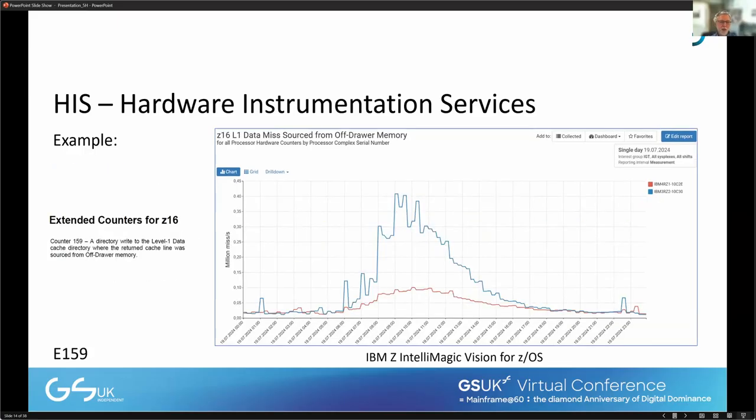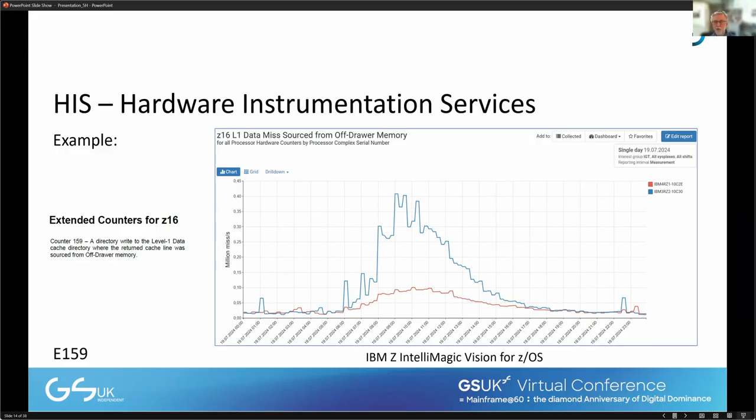Another example, now we're looking at the extended counters, specifically the z16 architecture. What we see here for two CECs is the level 1 data miss. So we've had a miss in the level 1 cache, and it's been sourced from off-drawer memory. Why is that significant? Well, sourcing data into cache from very far away, memory off-drawer, is going to cost you cycles. These are cycles that you're burning and your applications are not running.